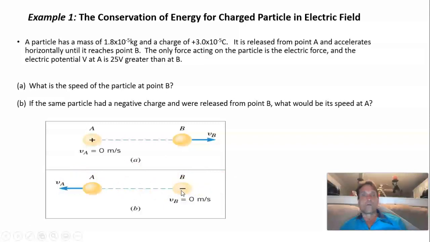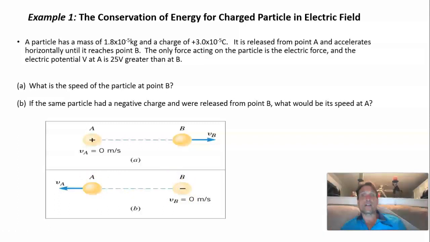Okay, what will its speed be at A? The negative charge is going toward A, so it's moving toward higher potential. It's going from lower to higher. Okay, and so negative charges going lower to higher, that's downhill for them, right? They want to go toward the positive charges here. And so the negative charges are going to gain kinetic and they're going to lose potential.